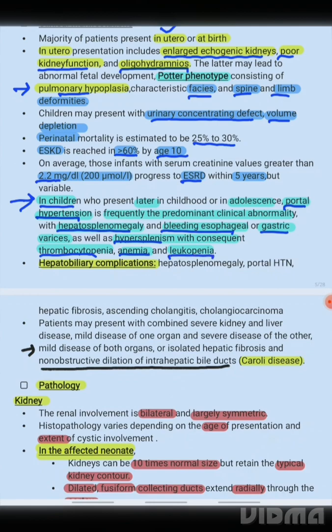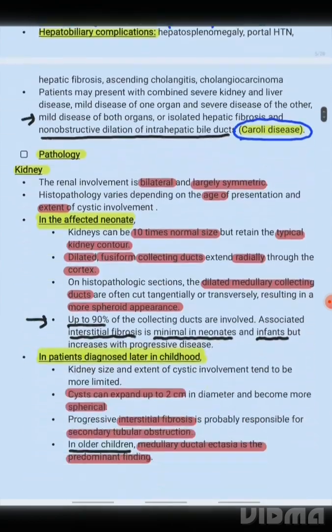Sometimes they present with hepatic fibrosis with non-obstructive dilatation of the ducts, which is called Caroli syndrome or Caroli disease. That must be kept in mind. If you are considering the possible outcome, these patients need a combined liver and kidney transplant, because both organs are involved. If you treat one and leave the other, the disease is not going to remit, because you have to transplant both the kidney and the liver.